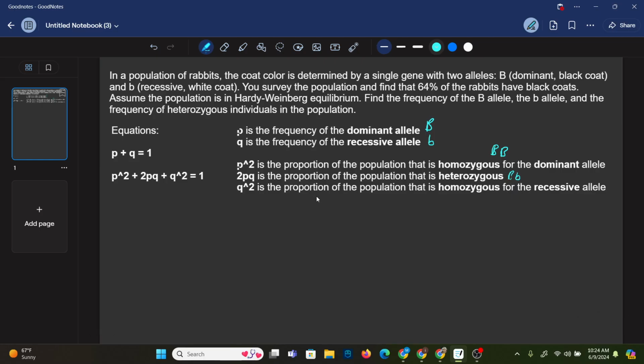And q squared is the proportion that is homozygous for the recessive allele, little b, little b.